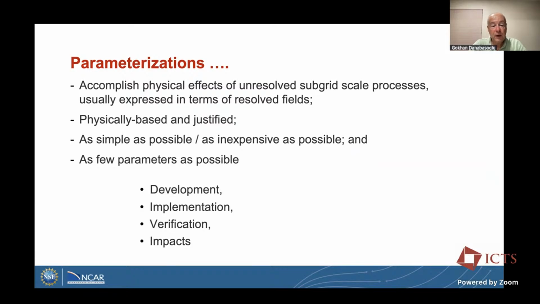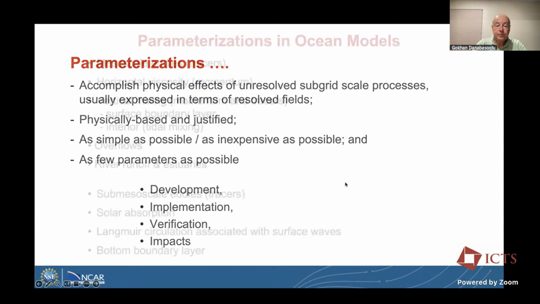If not, then you may need to look at other process models and maybe larger simulations. And then at the end, you assess the impacts of those parameterizations. In other words, is that particular parameterization doing what you intended it to do? So these are the 4 steps of a parameterization evolution.